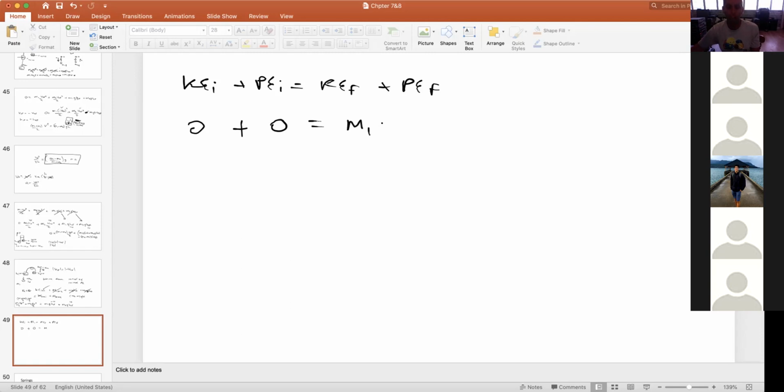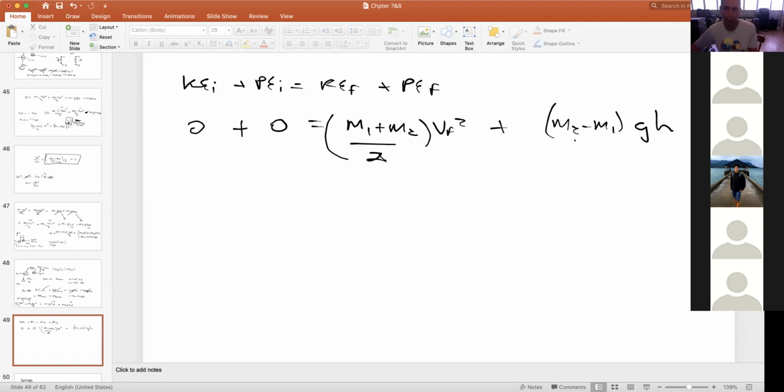This is M1 plus M2 over 2 times V final squared plus M2 minus M1 GH, where H is just H. That is that massive equation.